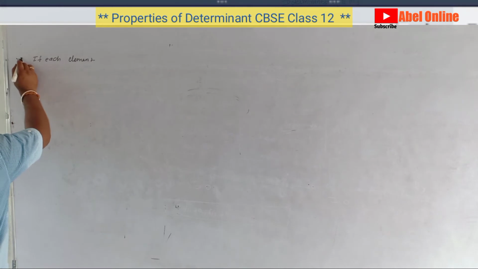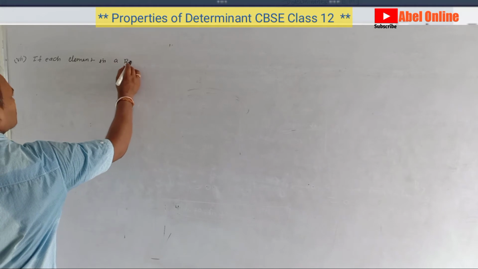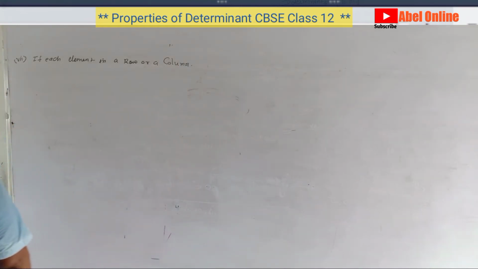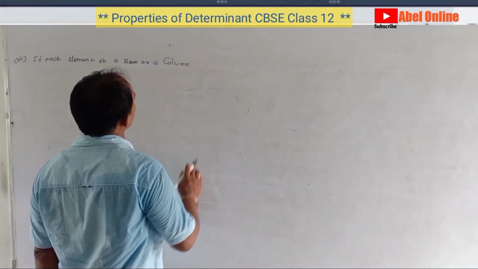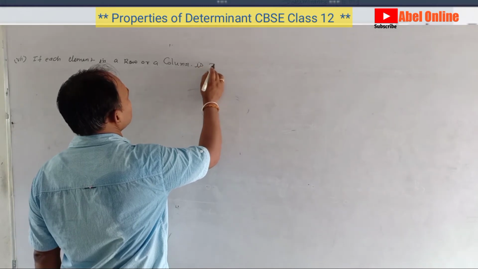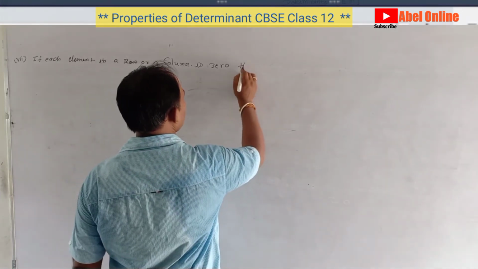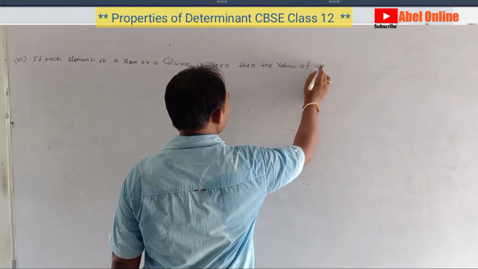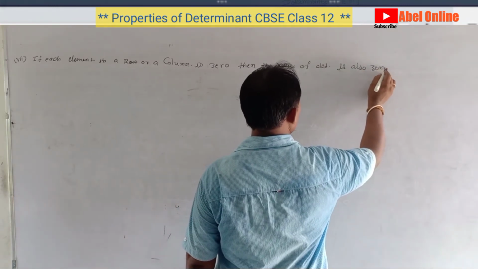If each element in a row or in a column of a determinant is 0, then the value of the determinant is also 0.